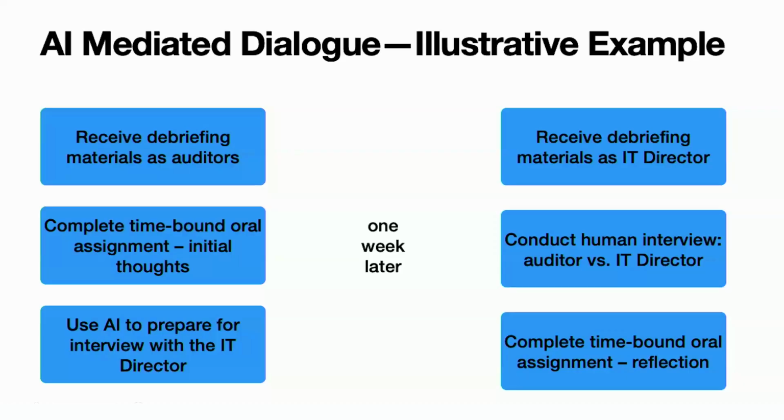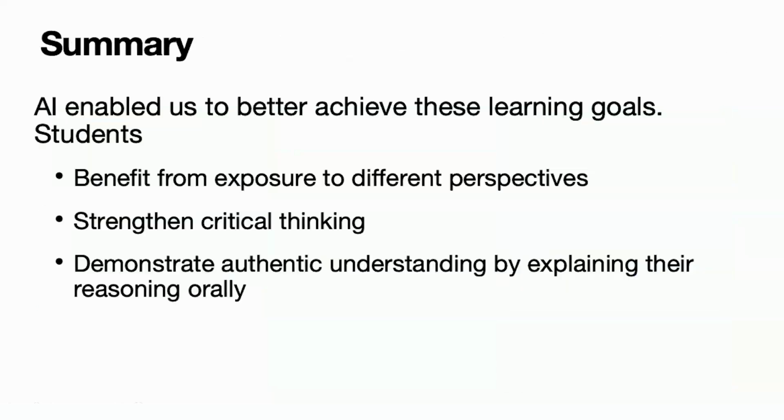So we can use it to support our students, and they will be able to learn that this may be something they can do in the future to help them get ready for different things. Okay, so in summary, AI enabled us to better support our students to achieve different learning objectives, right? So in my class, students will be able to benefit from exposure to different perspectives.